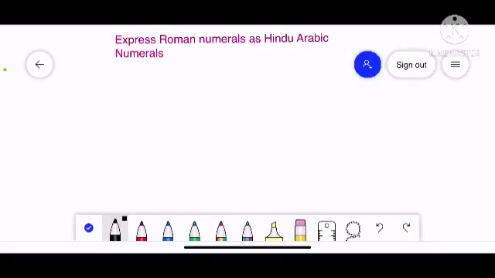Okay. One more thing is there. What is Hindu-Arabic numerals? It means now we are going to express the number which includes the digits from 0 to 9, and we are going to solve some questions in which we express Roman numerals as Hindu-Arabic numerals.